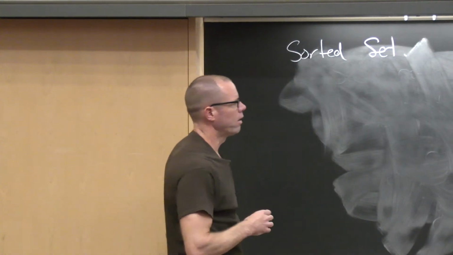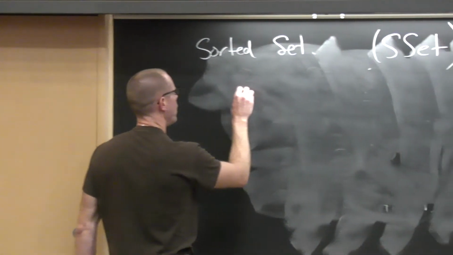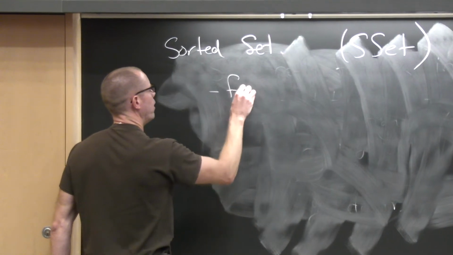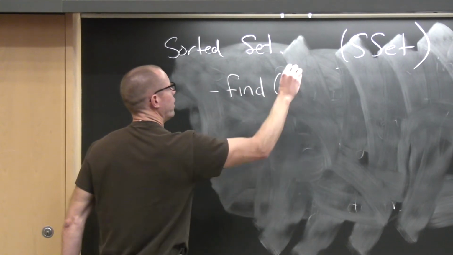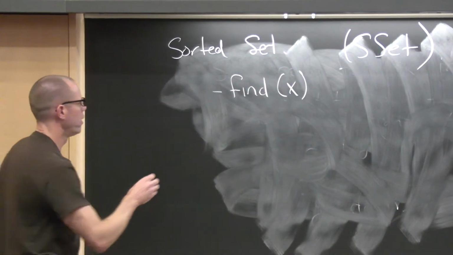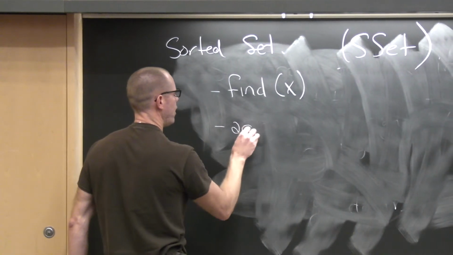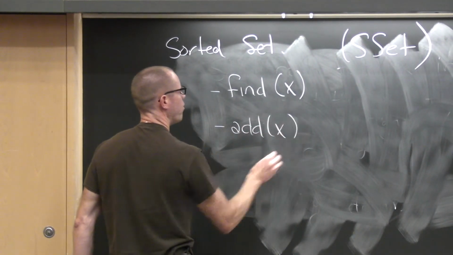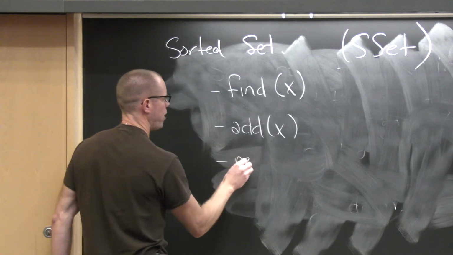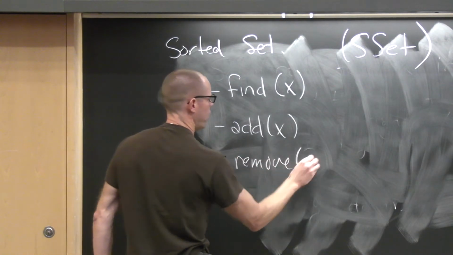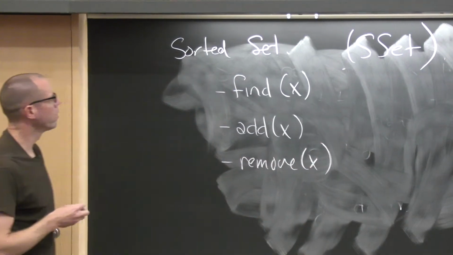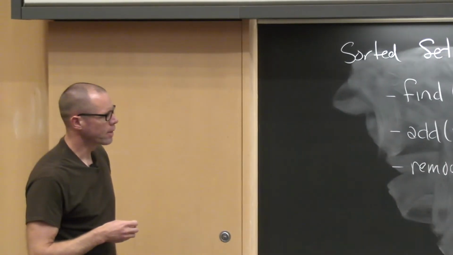There's basically three things you want to do. You want to be able to find some value x, you want to be able to add some value x to the set, and you want to be able to remove some value x from the set.